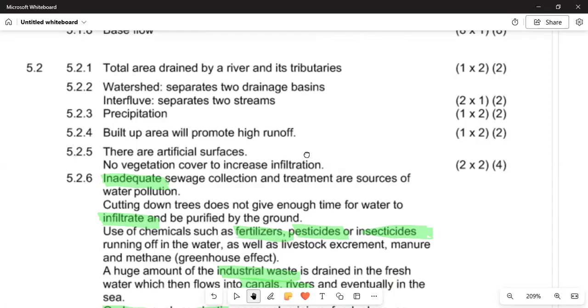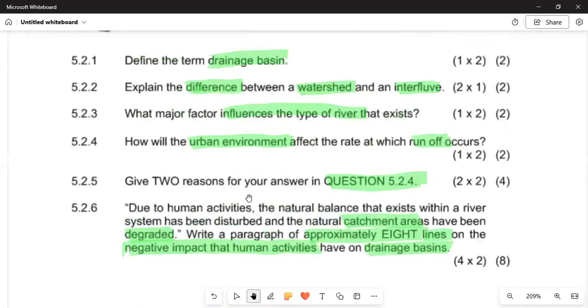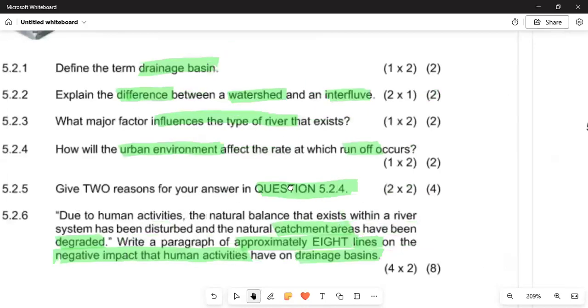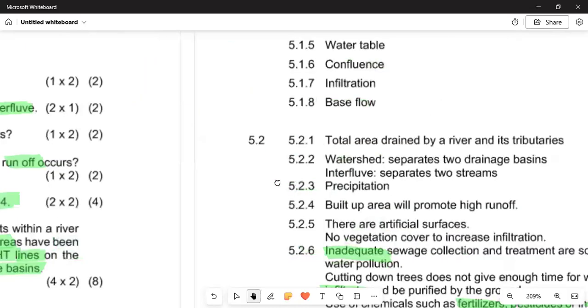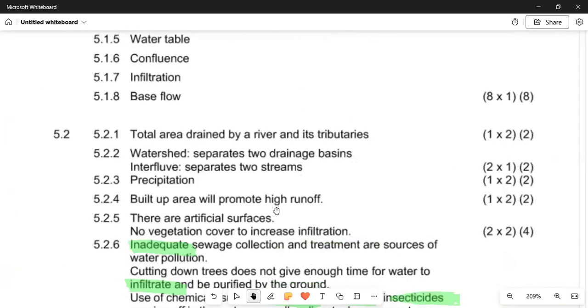So in 5.2.4, they say, how will the urban environment affect the rate at which the runoff occurs? So in 5.2.4, we are saying built-up area will promote high runoff.